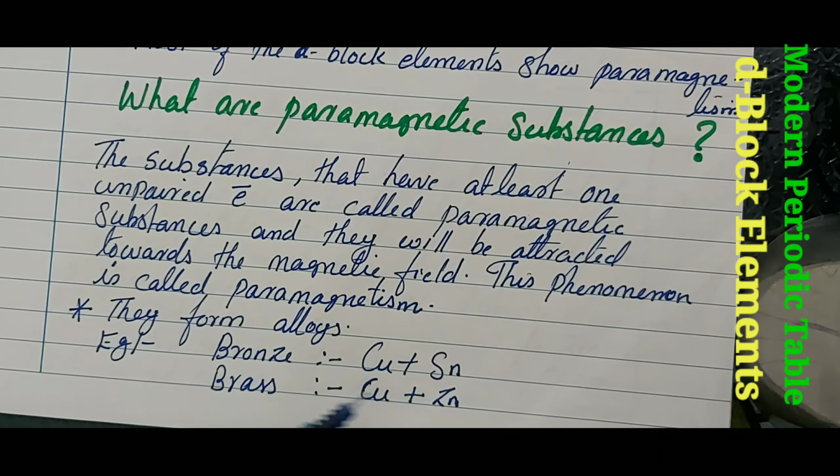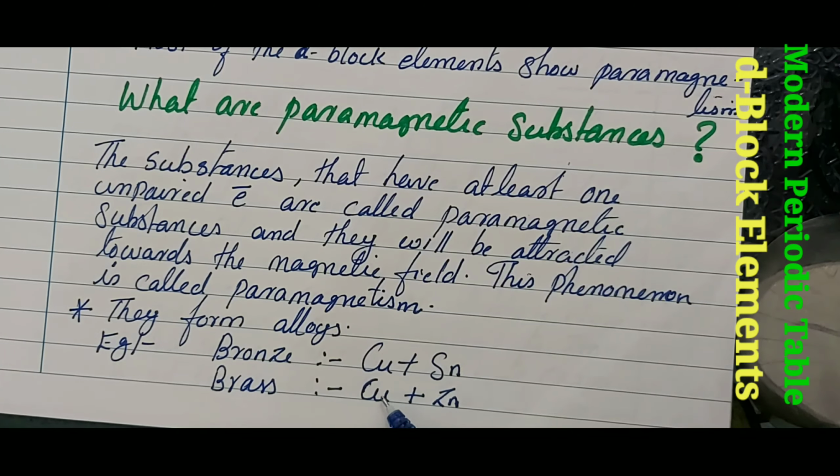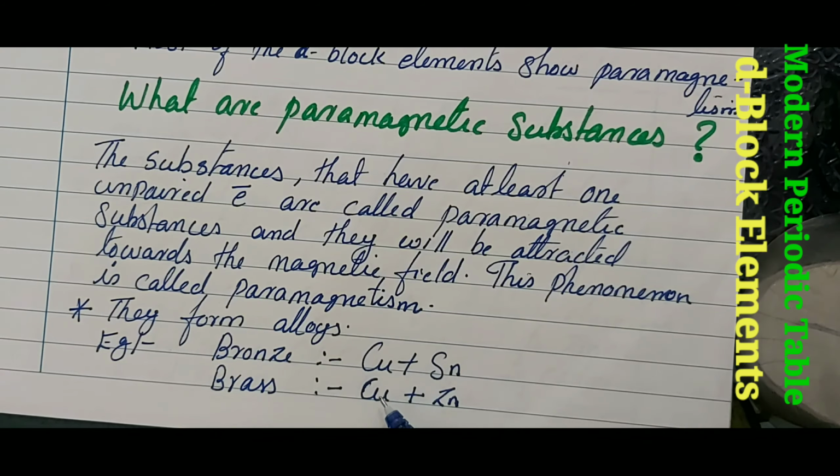Sn means tin. Brass is copper and zinc. In these two cases, you can see copper I have written first, meaning copper is found in larger amount, meaning copper is the solvent and these two are considered as respective solutes.